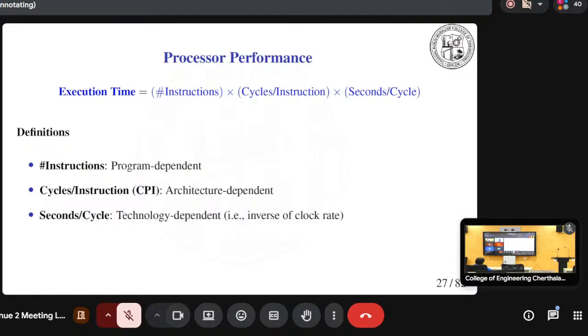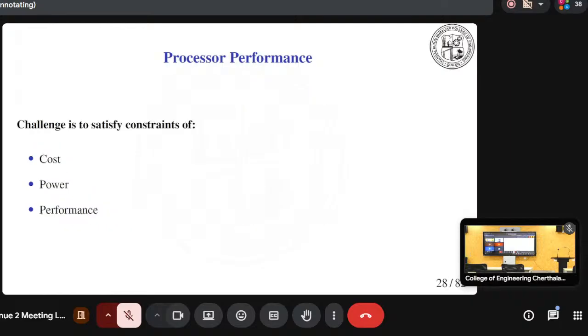CPI is architecture dependent: is it single cycle, multi-cycle, or pipeline? Seconds per cycle is technology dependent. And we have to satisfy these constraints: cost, power, and performance.